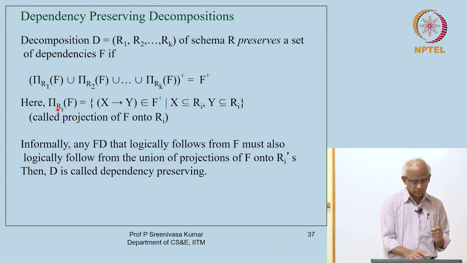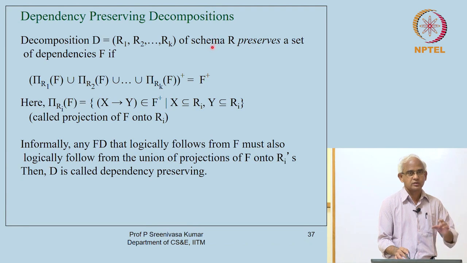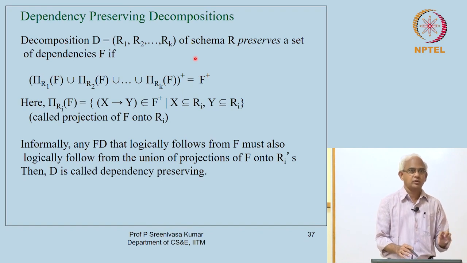When you take the set of all functional dependencies that are supposed to hold on the original scheme R, that is F closure, it makes sense to take those FDs in that closure which contain only the attributes that are there in Ri and put them separately as those applicable for Ri.